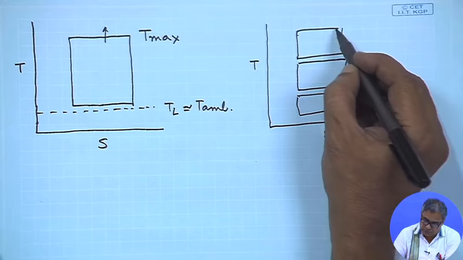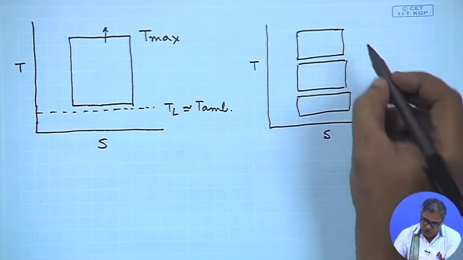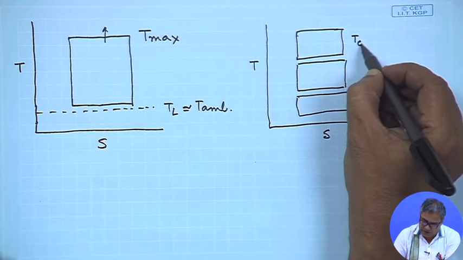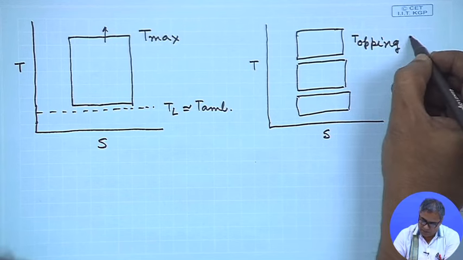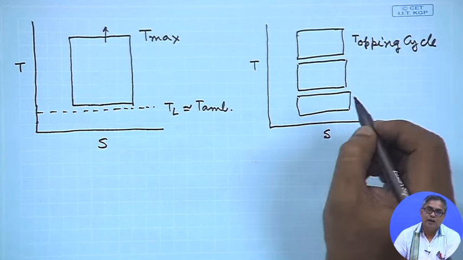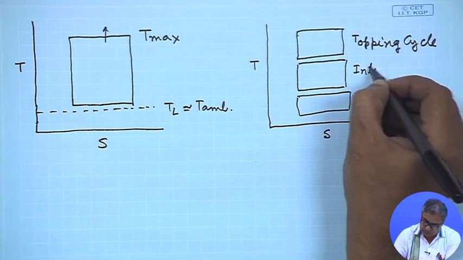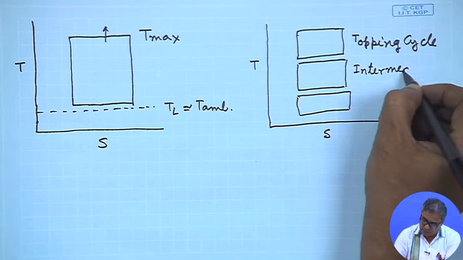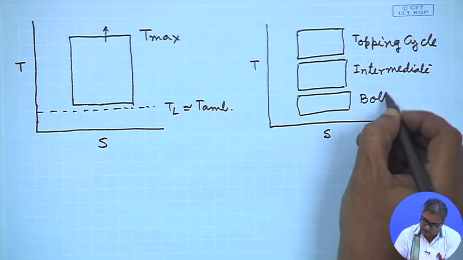So, what is done? The topmost cycle, which is called topping cycle, generally it is called topping cycle. Then we have got some intermediate cycle, and then we have got a bottoming cycle.